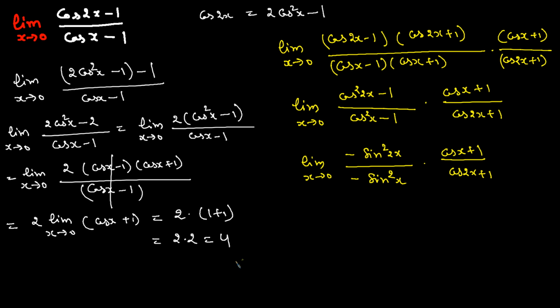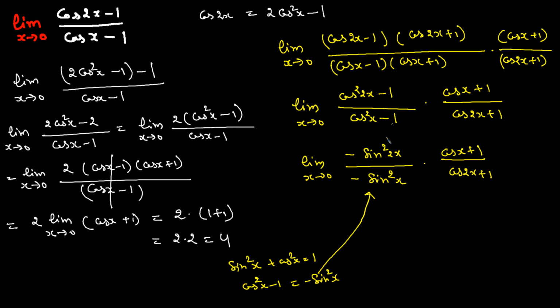You remember sine square x plus cosine square x is equal to 1. So if I take 1 over there, and if we subtract 1 from both sides and minus sine square x from both sides, this gives me cos square x minus 1 is equal to minus sine square x. So that's what I used over here.